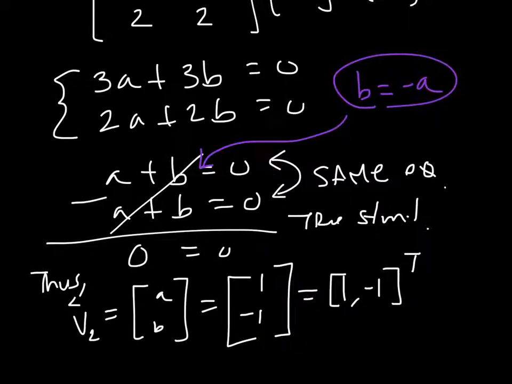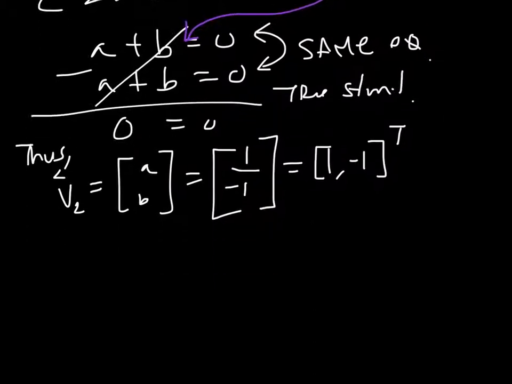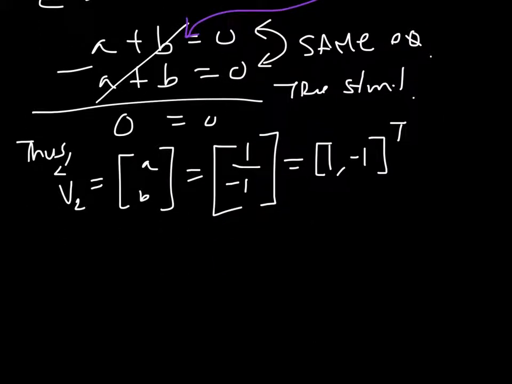And again, there are infinitely many solutions here. If you wanted to pick 2, this would be negative 2. If you wanted to pick 100, this would be negative 100. So there are infinitely many solutions because we have b equals negative a. This really is y equals negative x.